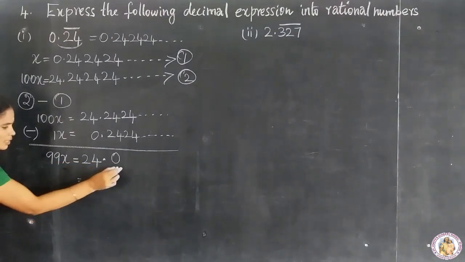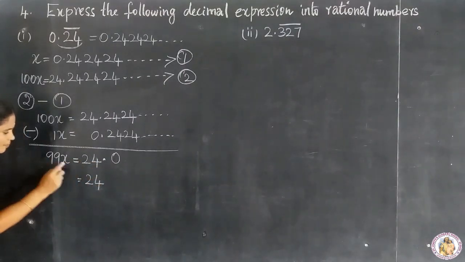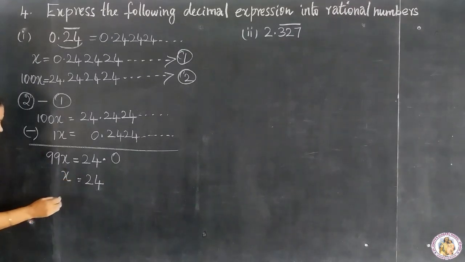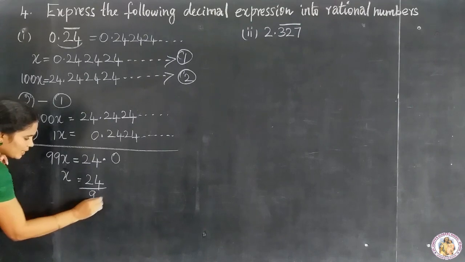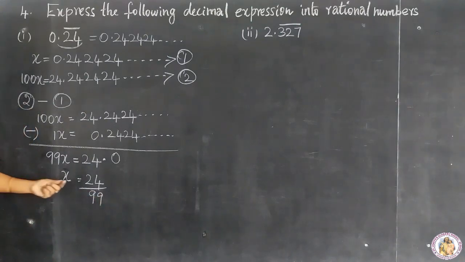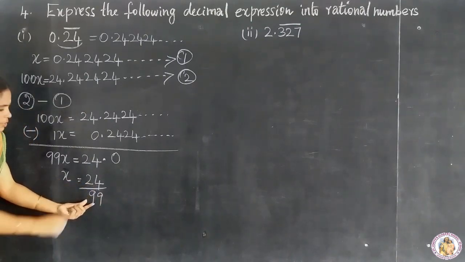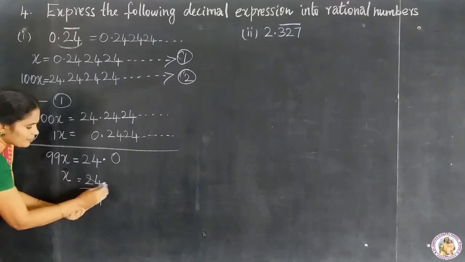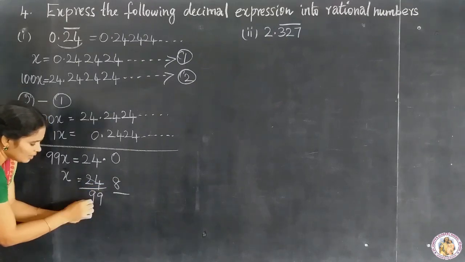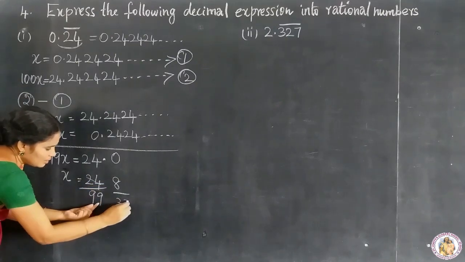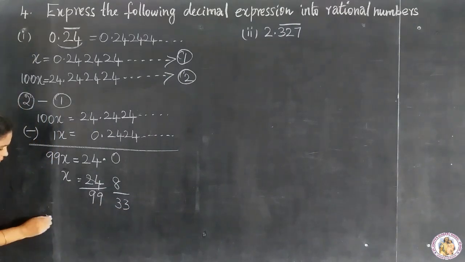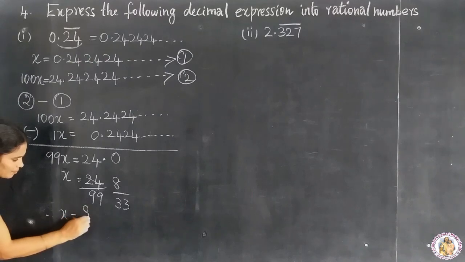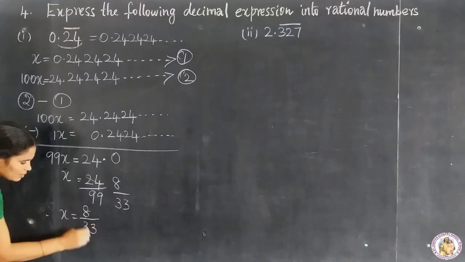So omitting 0, write 24 and keep this x in the left side and take 99 to the right side. 24 divided by 99. Now you can see both go in the table of 3. So 3 8s are 24, and 3 33s are 99. Therefore, x is equal to 8 by 33.